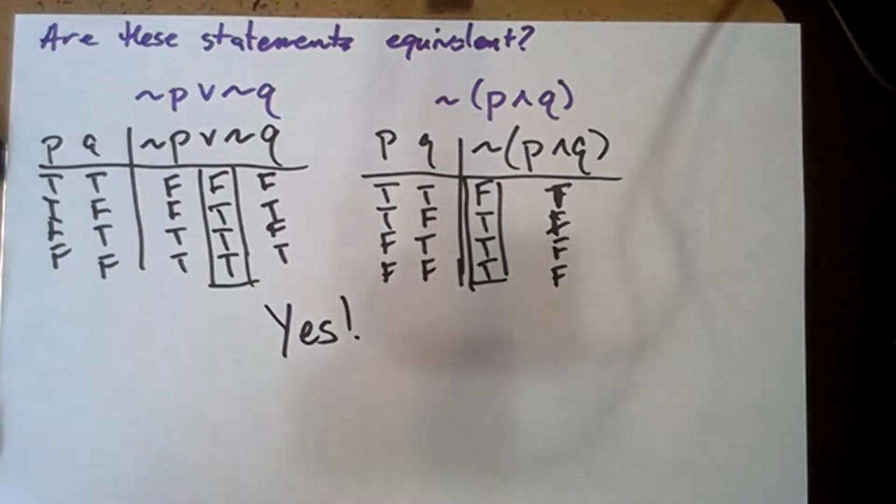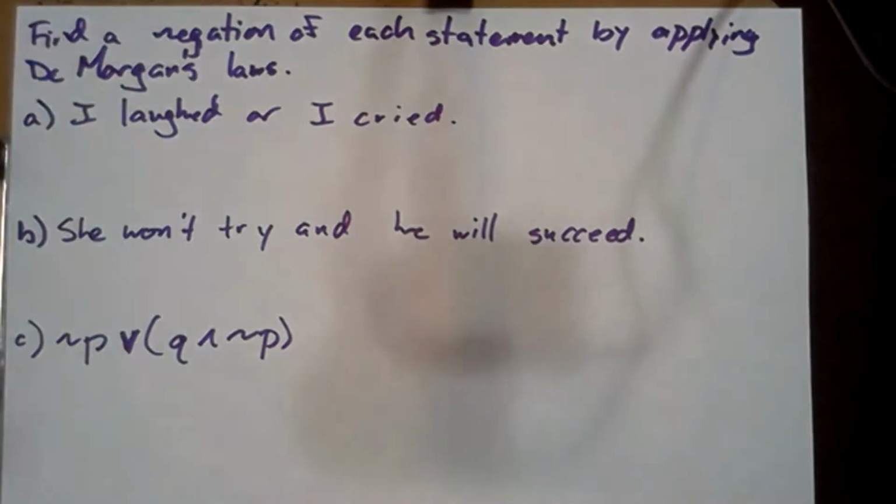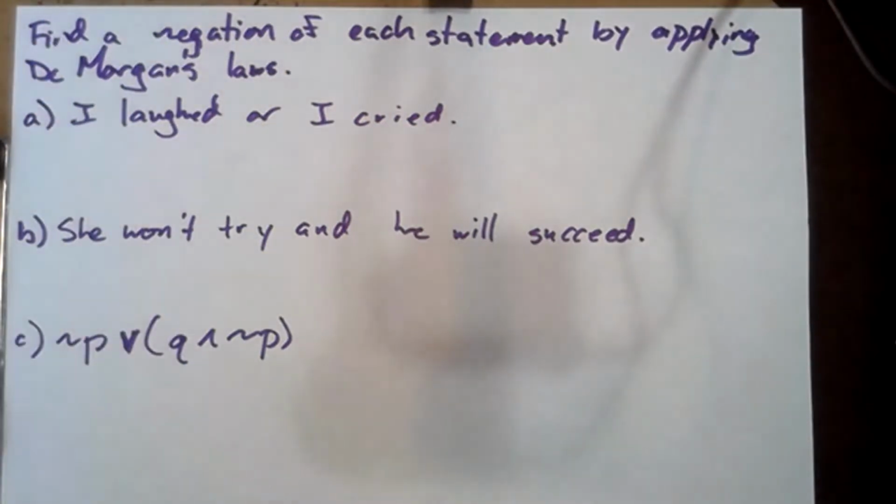Now we've got one more set of problems to examine. We want to find a negation for each of these statements by applying De Morgan's laws. De Morgan's laws say that not P or Q is equivalent to not P and not Q, and not P and Q is equivalent to not P or not Q. Okay, so: I laughed or I cried.